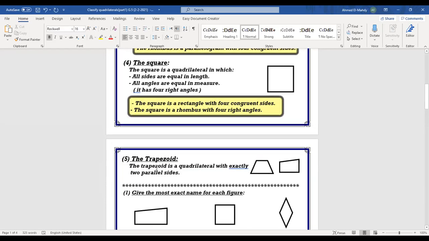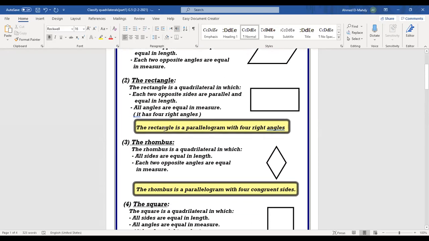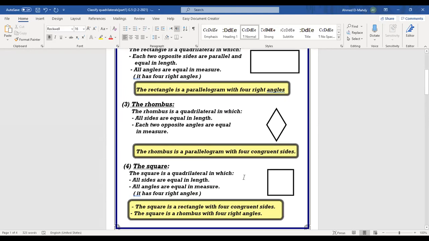The fifth quadrilateral is the trapezoid. In the trapezoid, we have only one pair of parallel sides, only two parallel sides. If we make a match between the quadrilaterals, the rectangle is a parallelogram, but it has four right angles, and the rhombus is a parallelogram, but it has four congruent sides.